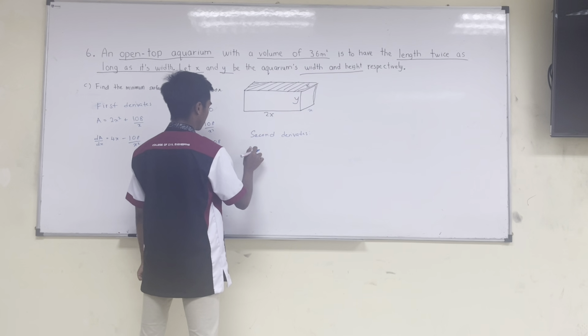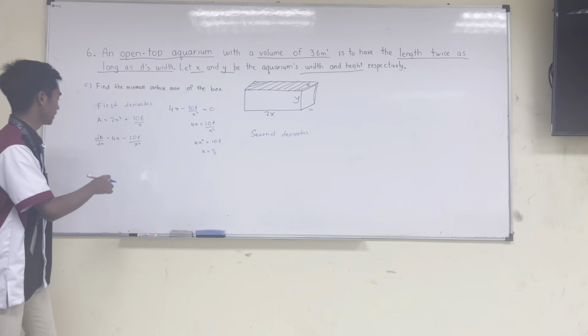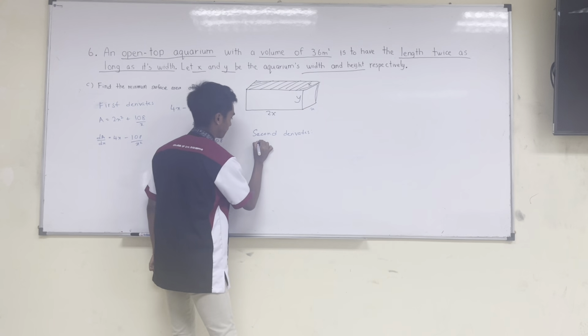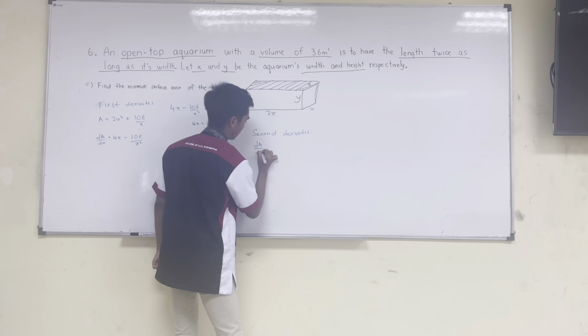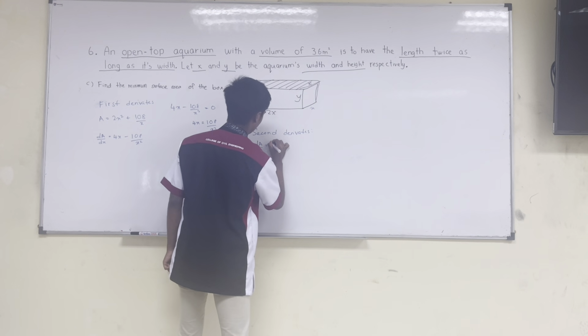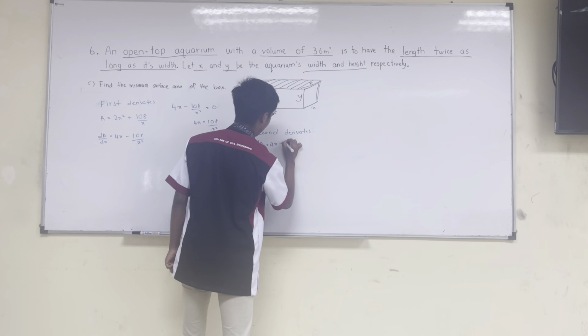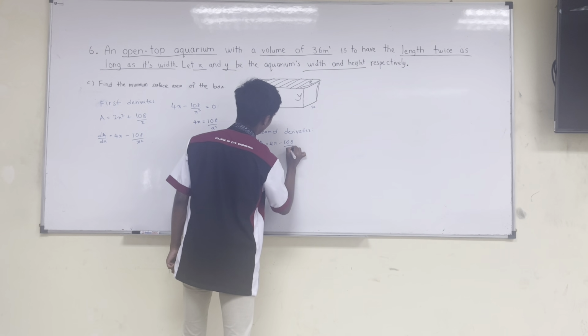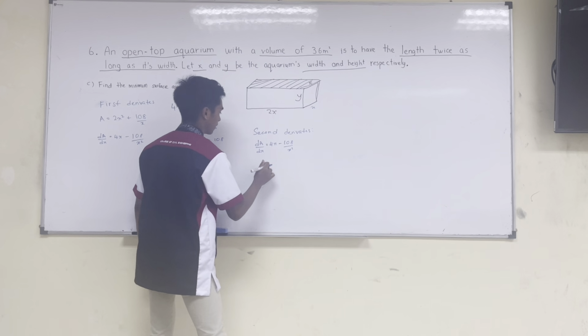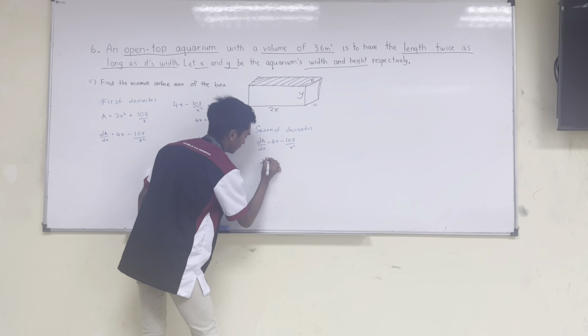We need to differentiate again dA over dx, which equals 4x minus 108 over x squared, and we differentiate it.